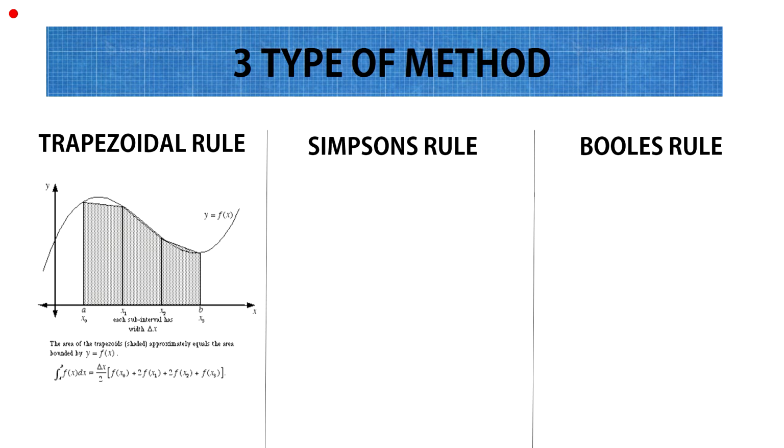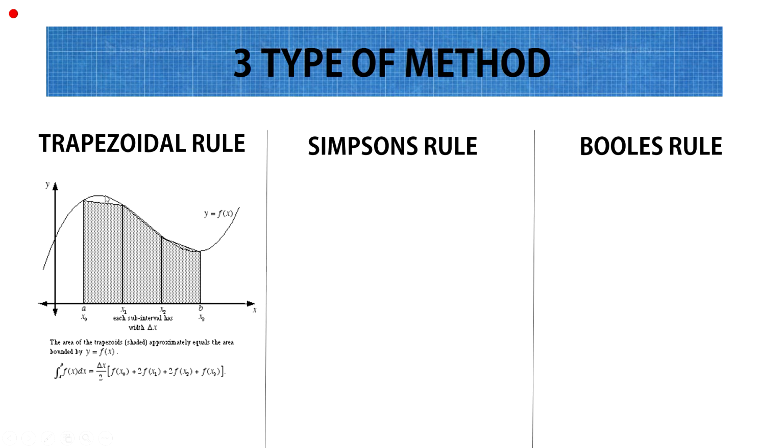As you can see here, the shaded region is the area under the graph that we will measure, and the unshaded region is the error in our calculation.